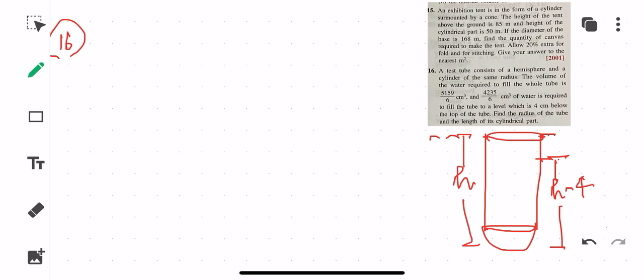Now you have to find the radius of the tube and the length of the cylindrical part. Length of the cylindrical part means you have to find from here to here. Only this part you have to find out. I hope you are able to understand what this question is like, children.